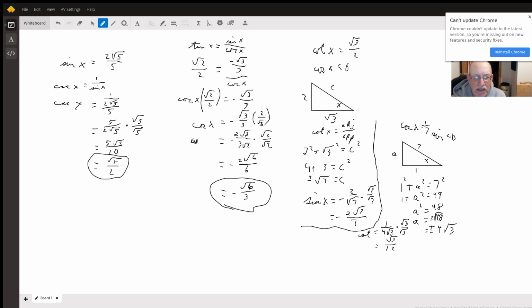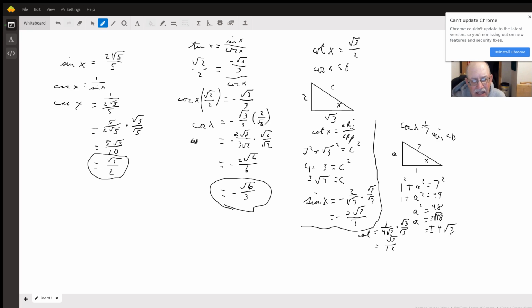So we want to get rid of the square root of 2 over 2 on the left side, so we multiply both sides by its reciprocal, which would be 2 over square root of 2. That gives us the cosine of x equals negative square root of 3 over 3 times 2 over the square root of 2. Multiply them together, we get negative 2 square root of 3 over 3 square root of 2.